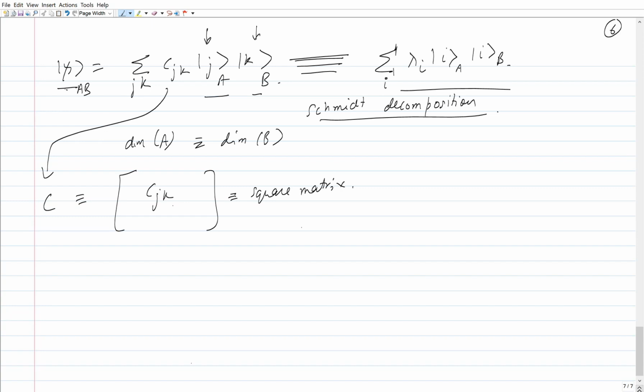Now, the idea is to decompose this square matrix into its singular value decomposition.